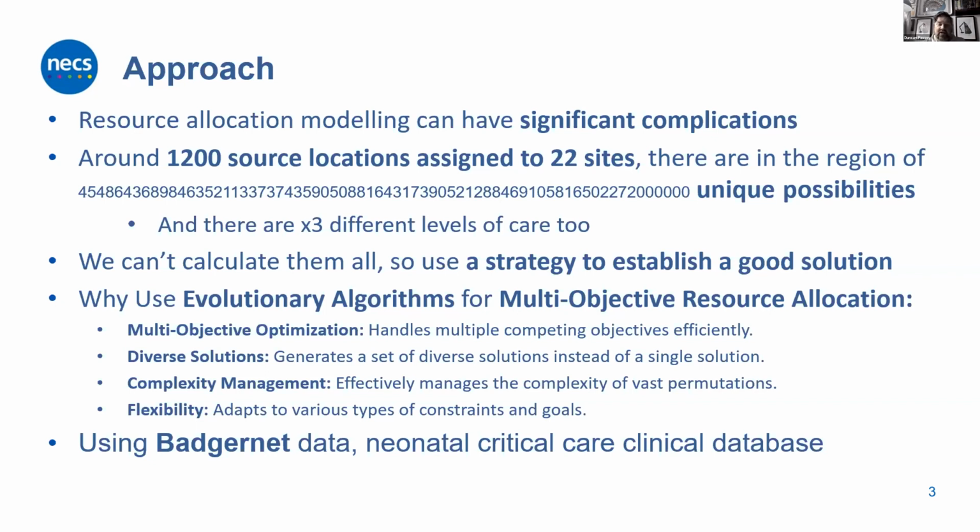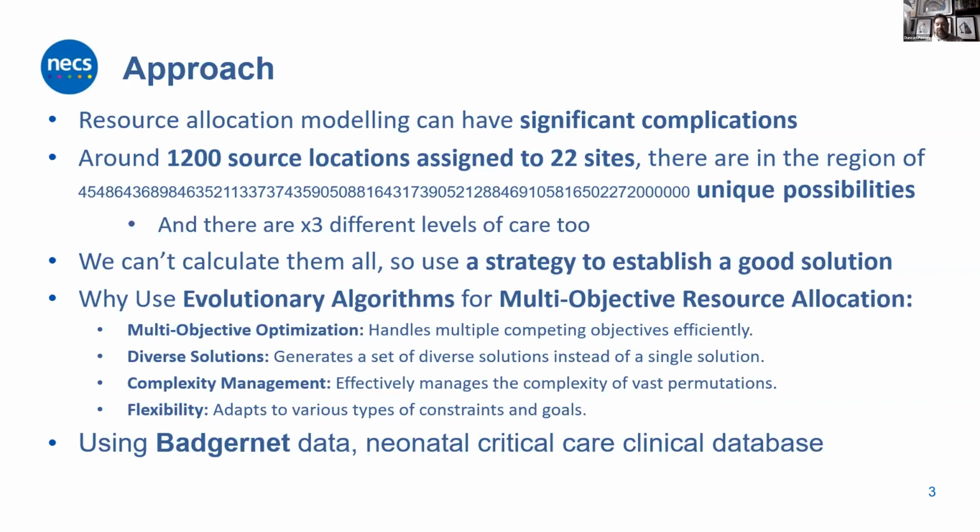Another thing this is really good for is multiple objectives. If you're not just looking to reduce travel time, you might also be looking to make sure that there are enough people going to particular sites so that you can recruit the right level of specialty clinicians and keep them employed in those regions.